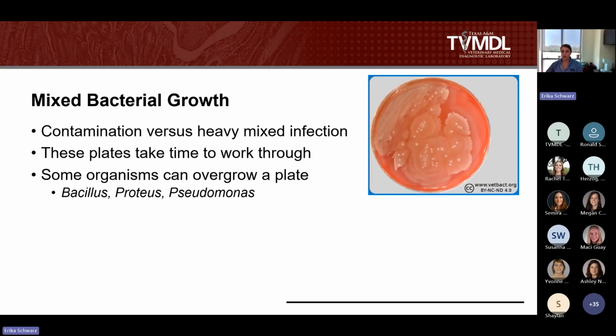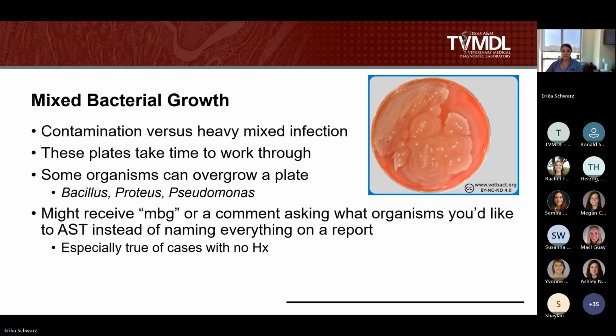Some organisms can overgrow a plate. So things like Bacillus, Proteus, Pseudomonas, they like to take over the entire plate, and growth of these organisms can obscure things underneath. Sometimes it's impossible to get it clean enough to get these overgrowth organisms off the plate and get what's underneath to grow in a way that we can actually identify it.